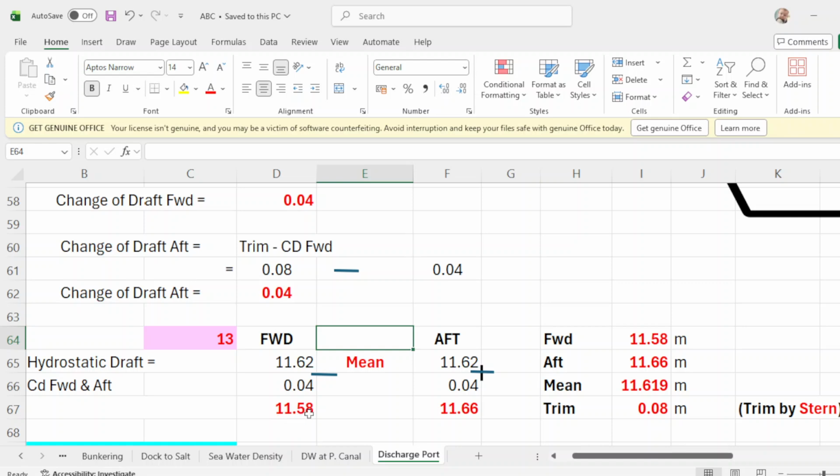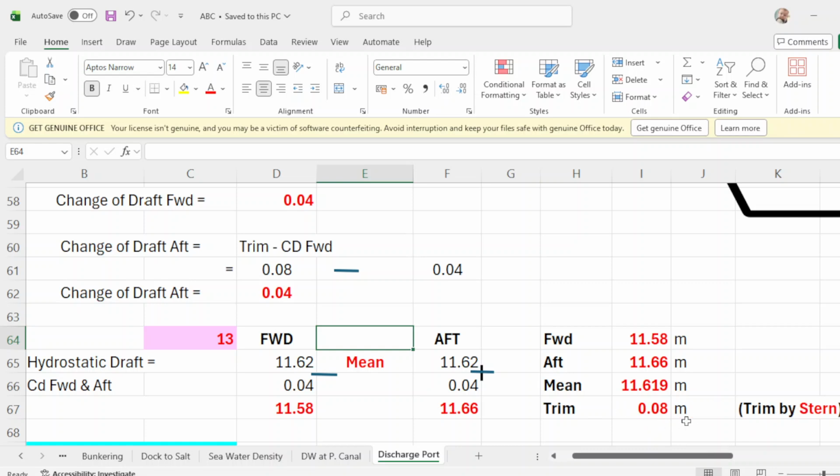That will be 11.58. Okay, so your forward is 11.62 minus 0.04, that will be 11.58. You add this one, 11.62 plus 0.04, then your drop up will be 11.66, and your mean drop will be 11.619, and your trim is 0.08 by the stern.